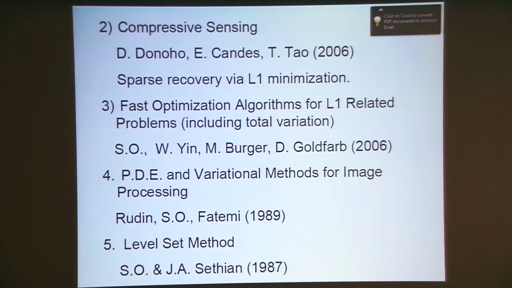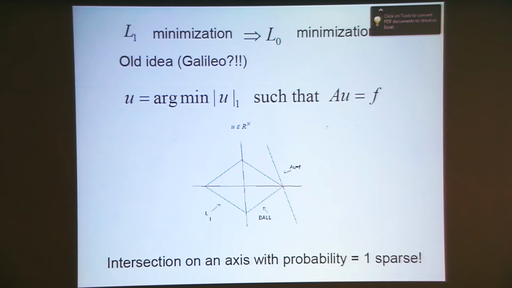Next, we have fast optimization algorithms for L1 type problems, which I've been involved in. I'm not going to have time to go into it, but historically there are differential equation variational methods for image processing and the level set method, which I love, but it's a little far afield, so maybe I won't go into it. So here's a crucial diagram.